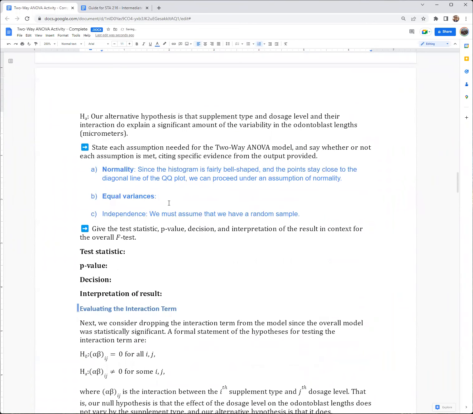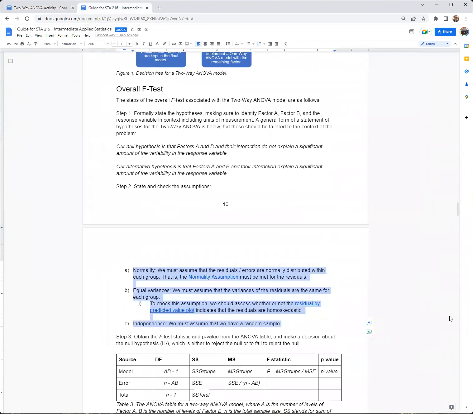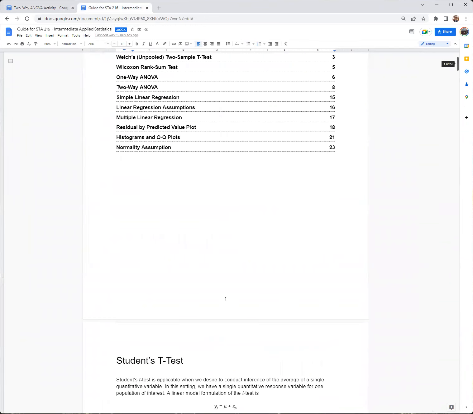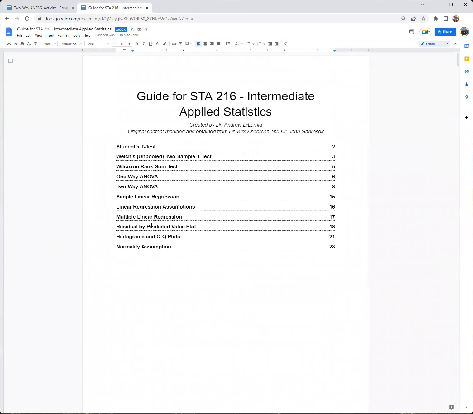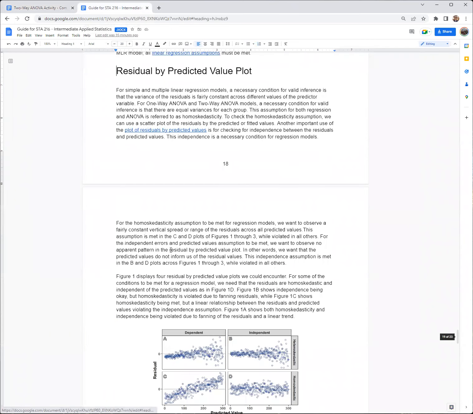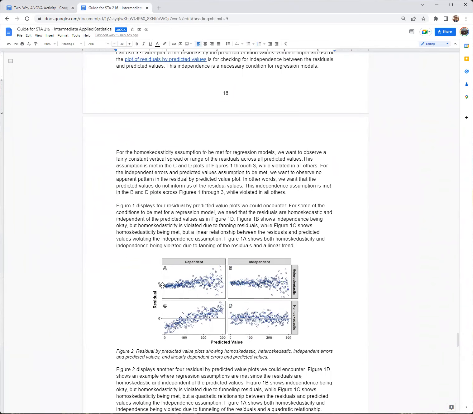Again, for examples of how this plot would look if assumptions were violated, I created some examples in the Guide for Stat 216 document, in the residual by predicted value plot section. For example, in these four, the bottom right one is how it looks when homoscedasticity is met.